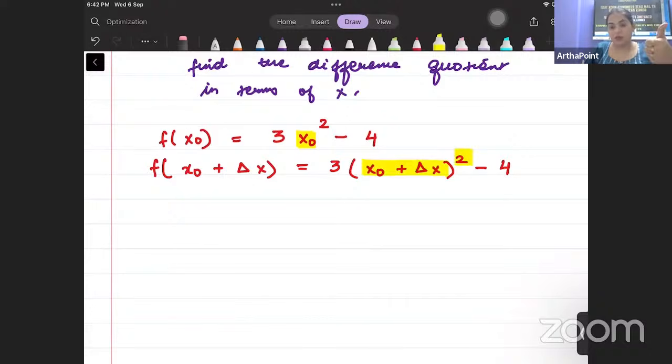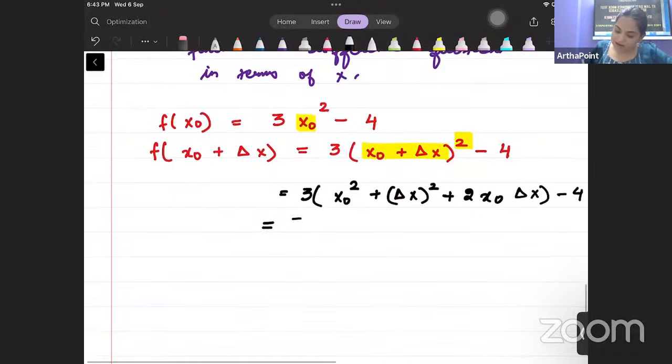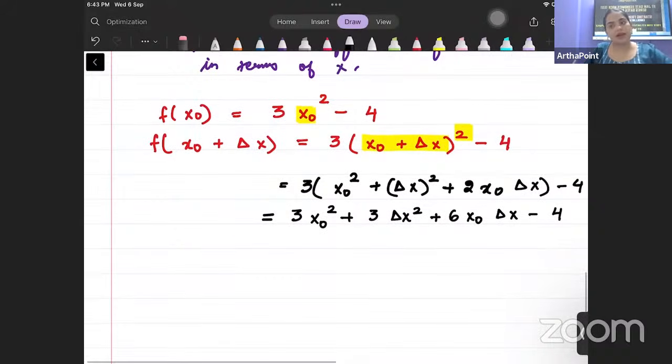What is that? A square plus b square plus 2ab. So beta, this can be written as 3 x naught square plus change in x square plus 2ab and minus 4 ऐसे. So I can rewrite this as 3x naught square plus 3 change in x square plus 6 x naught change in x minus 4. Clear?